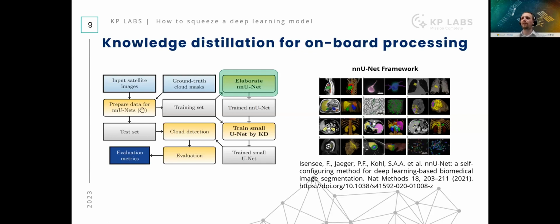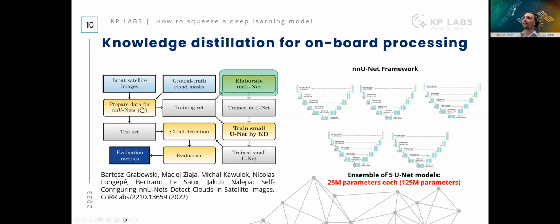But again, it will not fit into the hardware that we have on the edge, especially if we have an ensemble of different models. There is a very good chance that after running this nnU-Net framework, we would end up with, for instance, 5 big U-Nets, which will result in 125 million parameters, which means that it is a huge model and it will not be very easy to uplink this kind of model to the orbiting satellite.